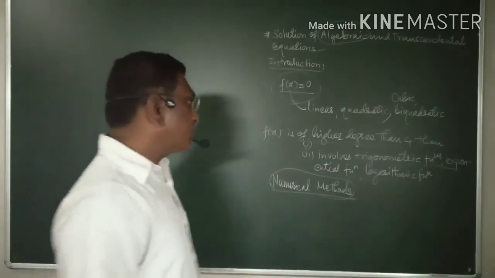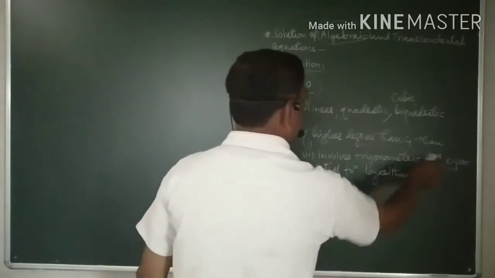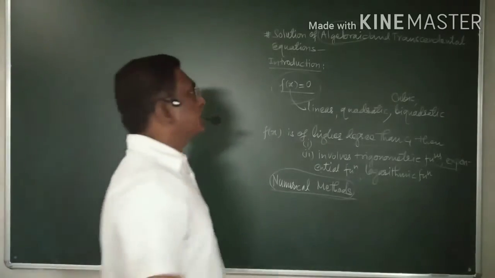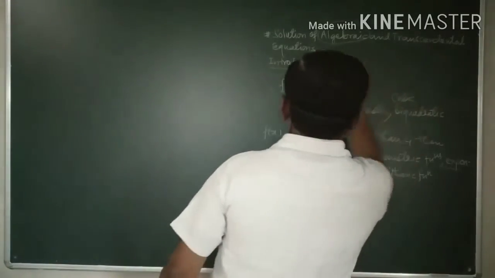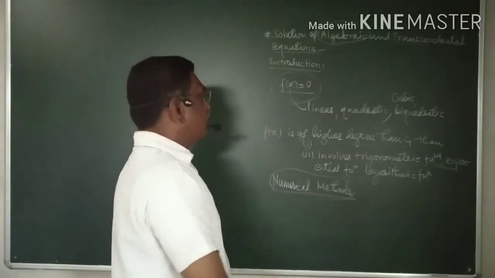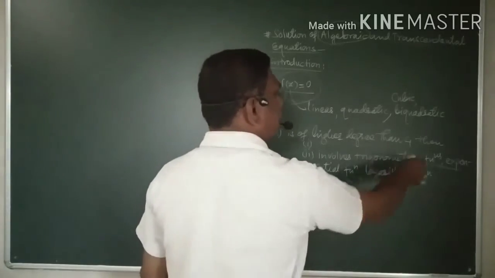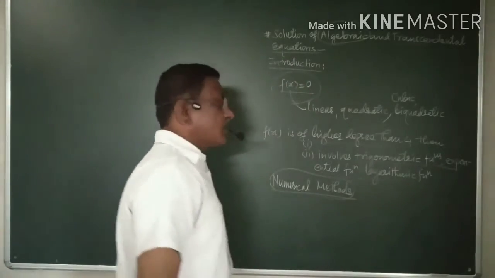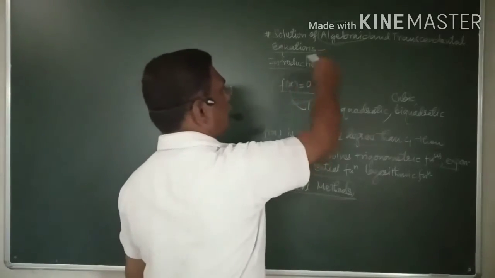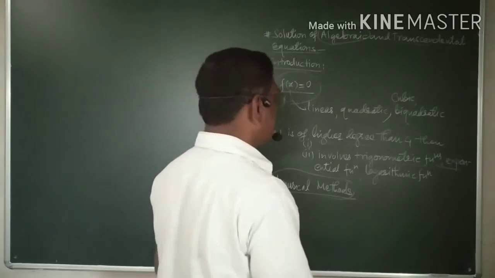functions. Of course, if f(x) involves trigonometric, exponential or logarithmic functions, then it is known as a transcendental equation. Whenever f(x) = 0 involves a trigonometric function or exponential function or logarithmic function, then that equation is known as a transcendental equation.